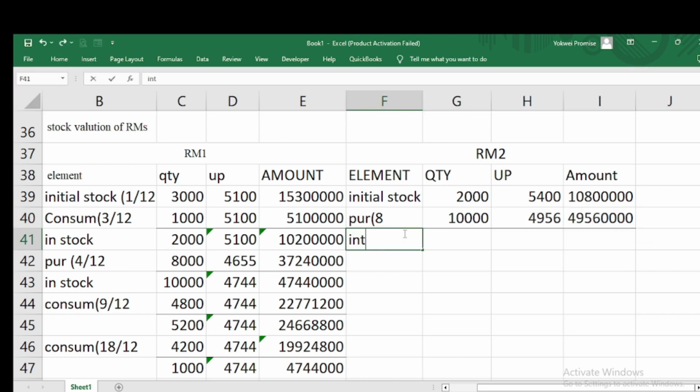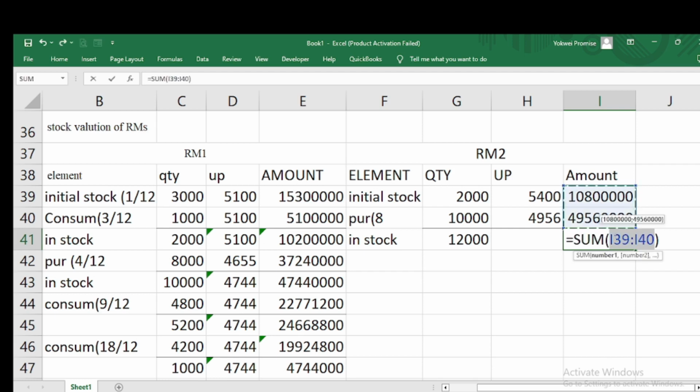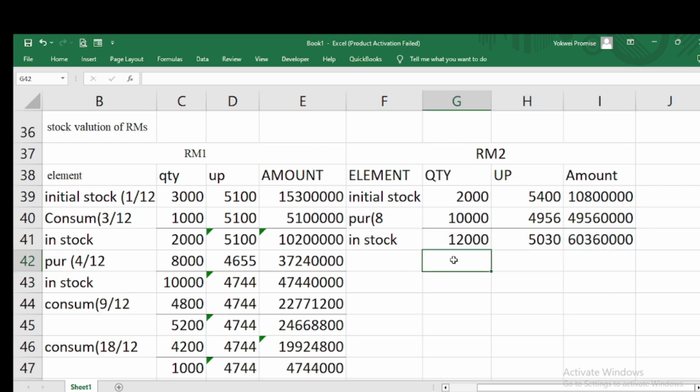In stock, equal to this. Okay, please make sure you are summing. Awesome. The next was consumption.